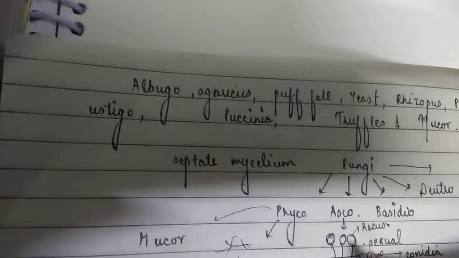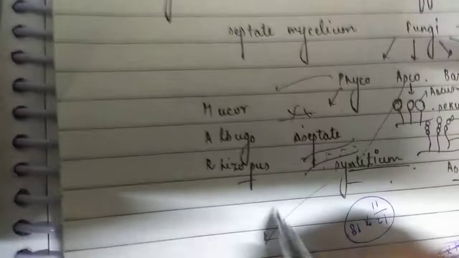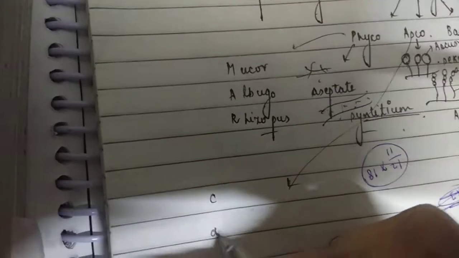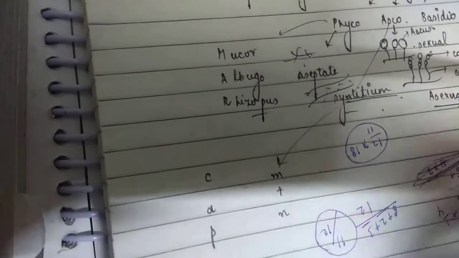So we have to learn the examples of Ascomycetes now. We can simply learn them by CAP and MTN.